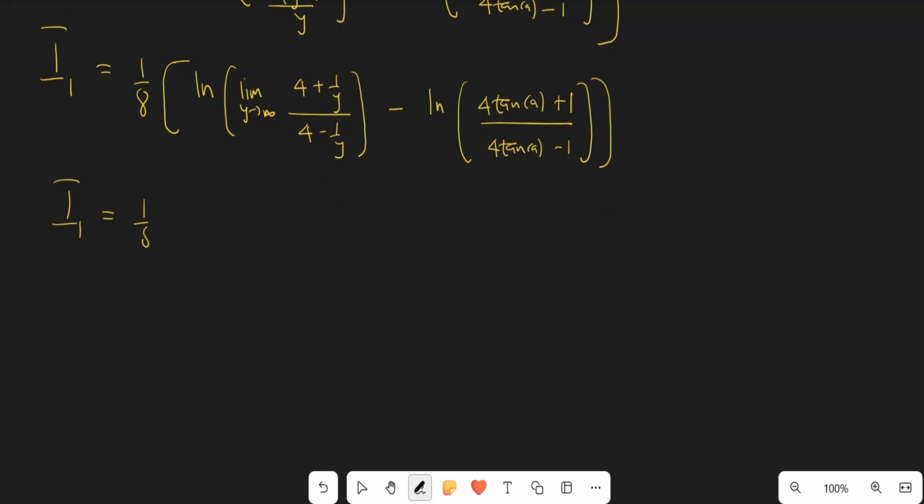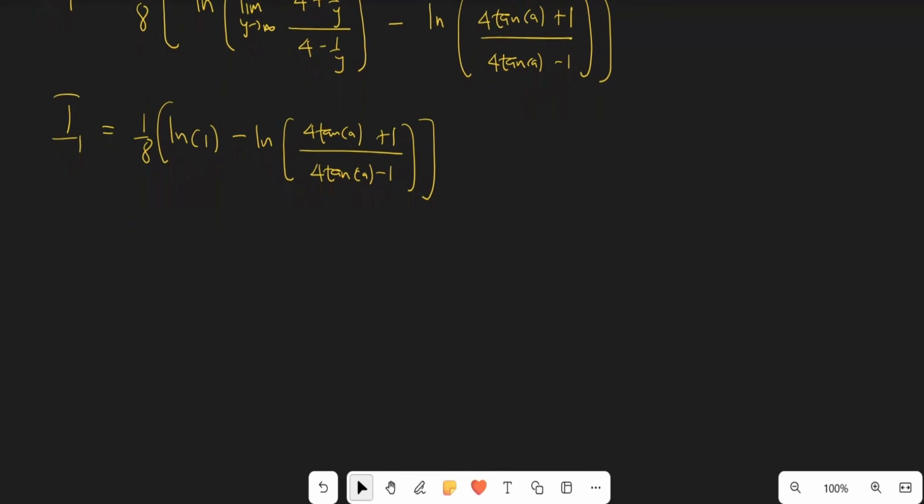So I1 is going to be 1/8, and then we have the ln of 1 minus the ln of this guy, 4 times the tangent of a plus 1 all over 4 times the tangent of a minus 1. The ln of 1 is 0. So we are left with this one, multiplied by 1 over 8 in front, and I1 simplifies to negative 1 over 8 times the ln of 4 times the tangent of a plus 1 all over 4 times the tangent of a minus 1.